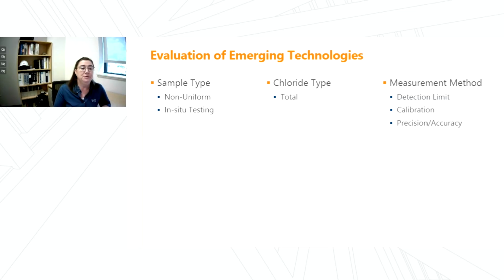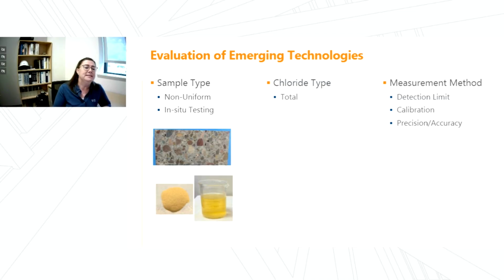So when it comes to sample type, we want to pay attention to the fact that these new emerging mapping techniques are taking samples that are non-uniform, and they are also doing this testing in situ, which means in place. So basically in the concrete, one spot might be an aggregate, the next spot might be a paste sample.